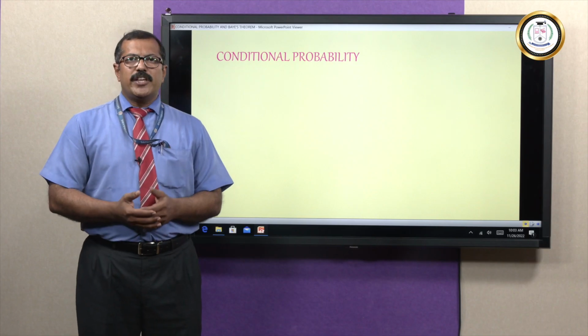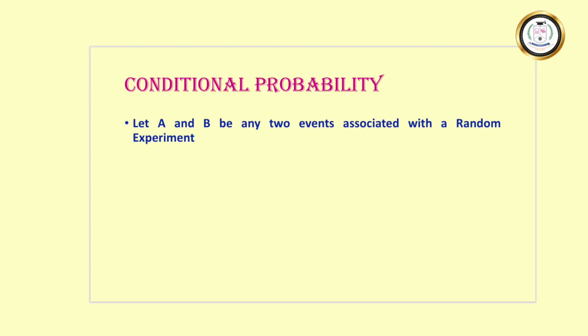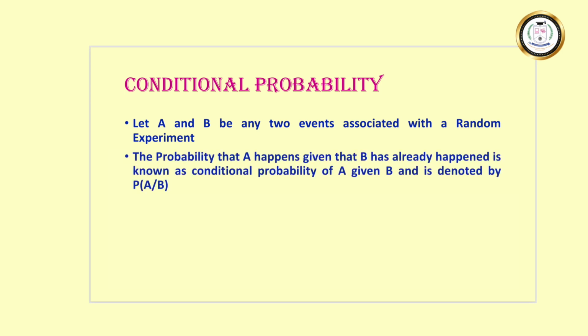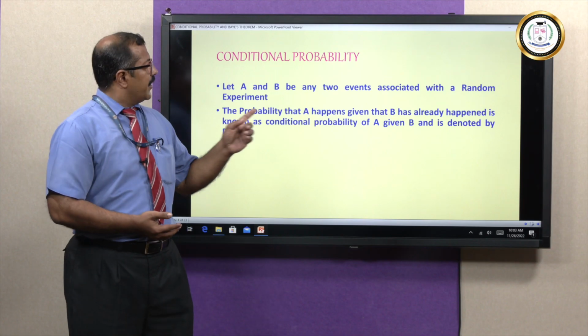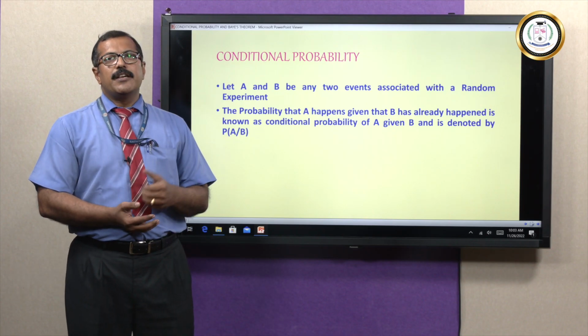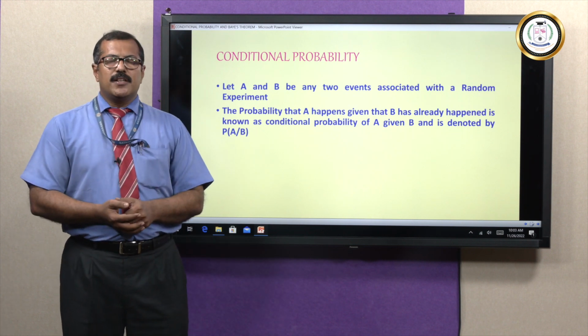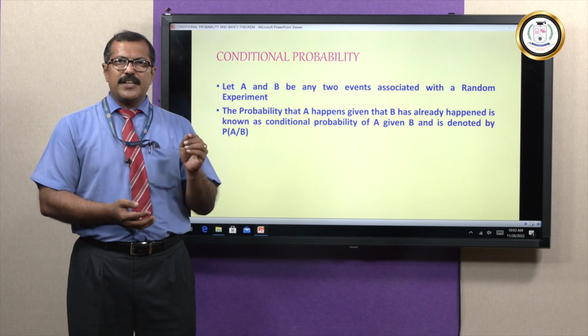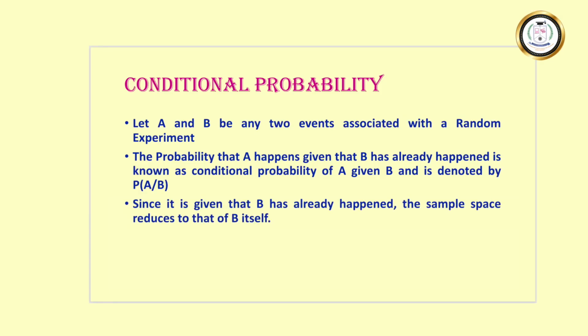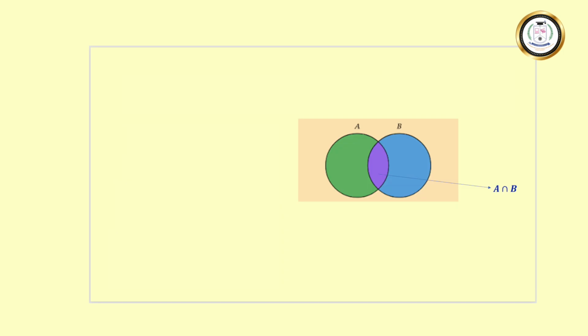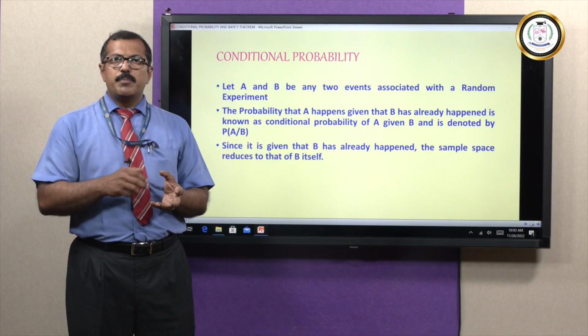Let us consider two events A and B associated with the same random experiment. The probability that A happens given that B has already occurred is called the conditional probability of A given B, and it is denoted by P of A slash B, read as probability of A given B. Since it is given that B has already happened, the total sample space will reduce to the region that involves B alone.